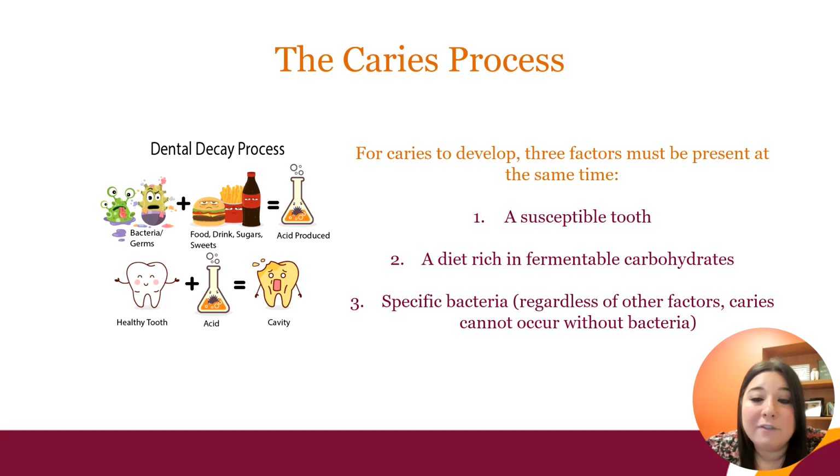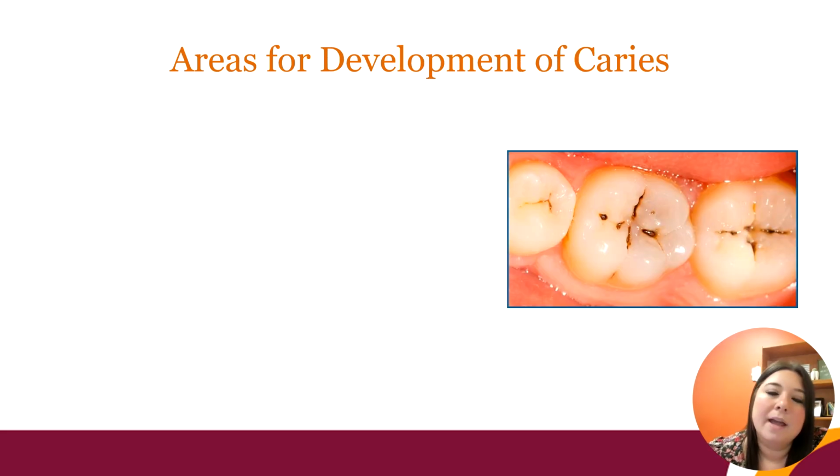So if they were never exposed to it as a baby or as a child, if their mom never passed it to them, and their parents, grandparents, no one kissed them or ate off the same spoon, and they don't have that bacteria present, they cannot develop tooth decay. So again, all 3 have to be present at one time. If a diet rich in fermentable carbs isn't present, you're not going to get tooth decay. So all of these have to be together at the same time for this to happen.